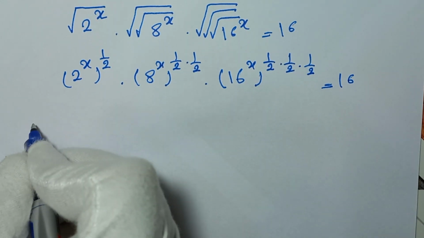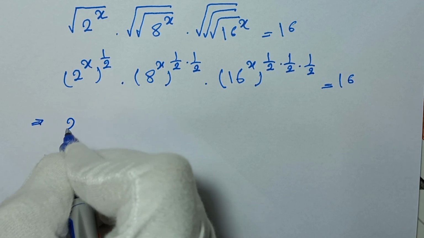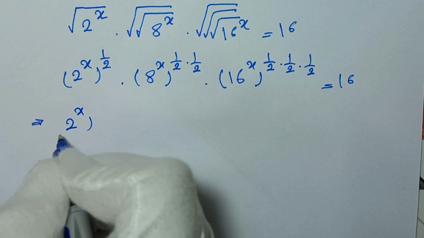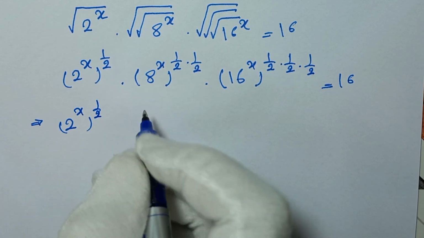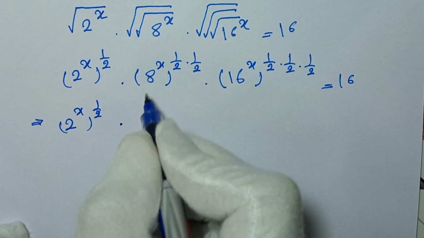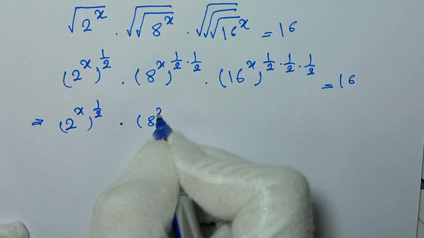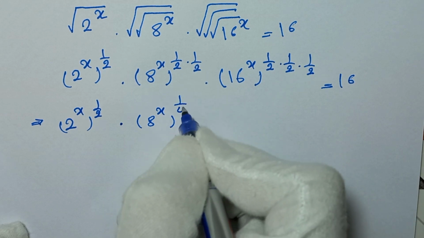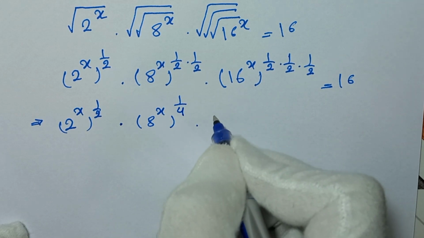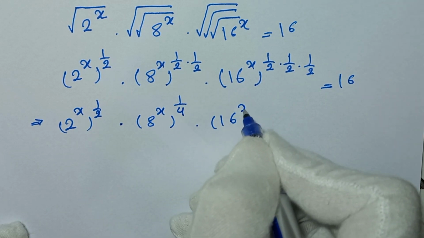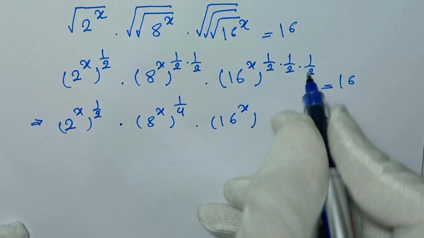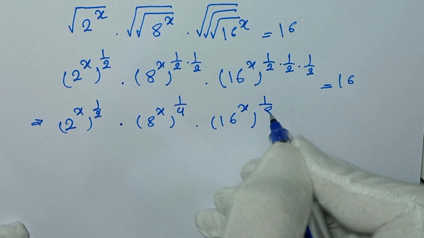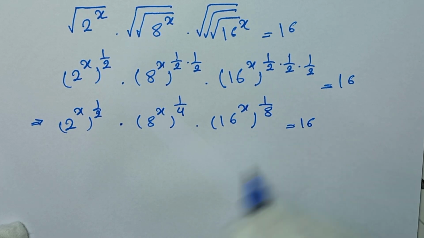And it will be 2 to the power of x to the power of 1 over 2, times 8 to the power of x to the power of 1 over 2 times 1 over 2, which is 1 over 4, and 16 to the power of x to the power of 1 over 8, is equal to 16.